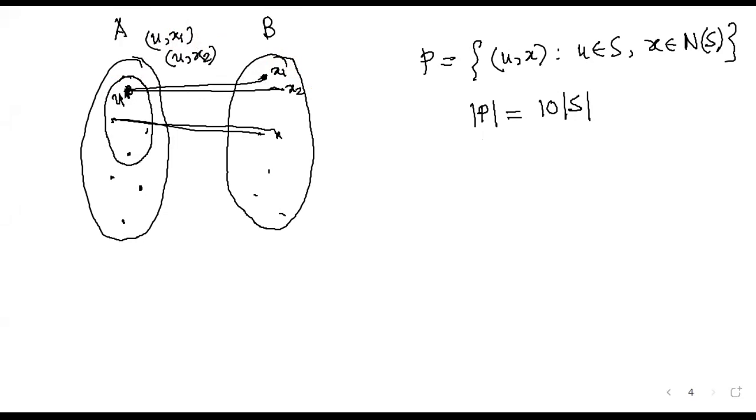If U is connected to two edges, we get two entries corresponding to U. If U is connected to 10 edges, we'll get 10 entries corresponding to U.